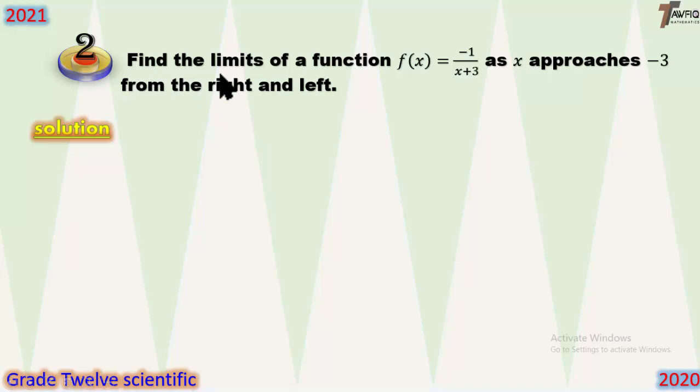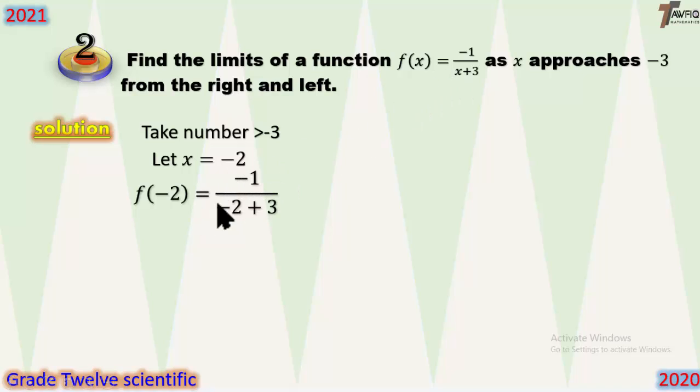Example number 2. Find the limits of the function f of x equals minus 1 over (x plus 3) as x approaches minus 3 from the right and the left. First of all, take a number bigger than minus 3. Let x be minus 2 and replace it in the function.